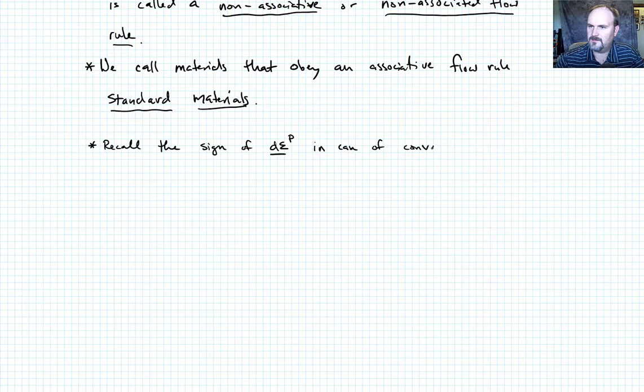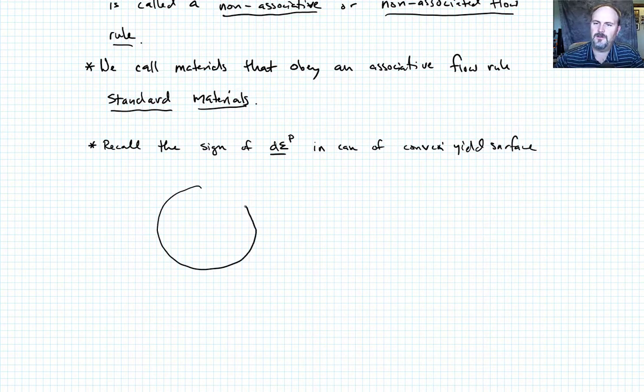Here's our convex yield surface. Here's our location, which we called sigma bar. Coming off of there is d epsilon p, that vector, and that would be normal to the tangent at that point.